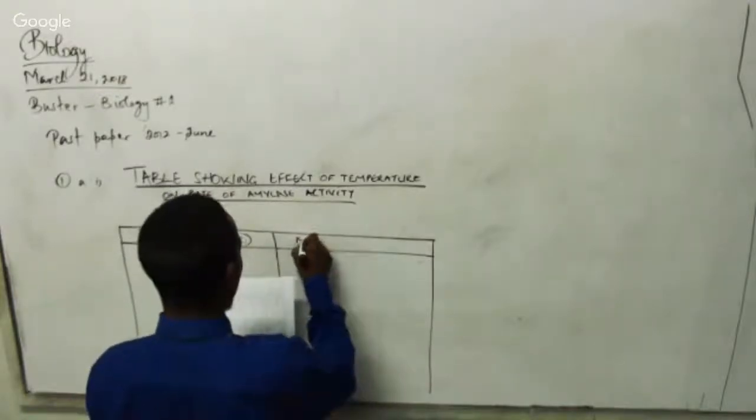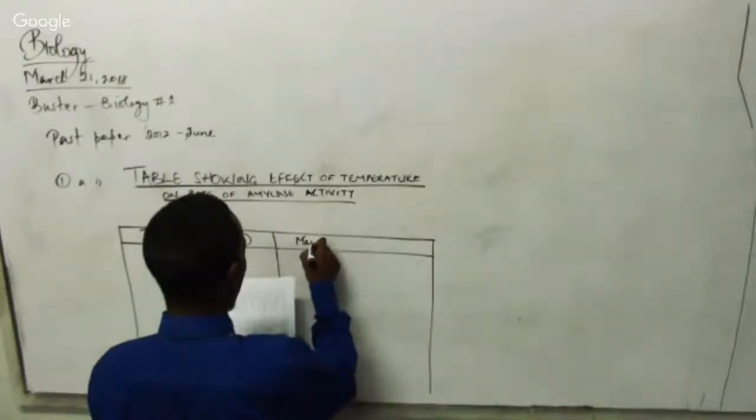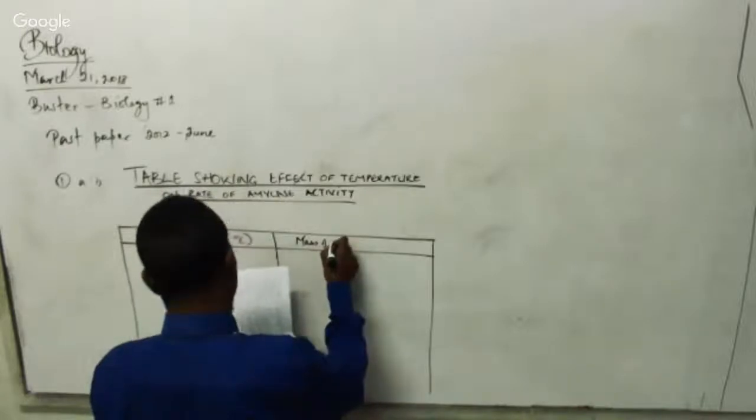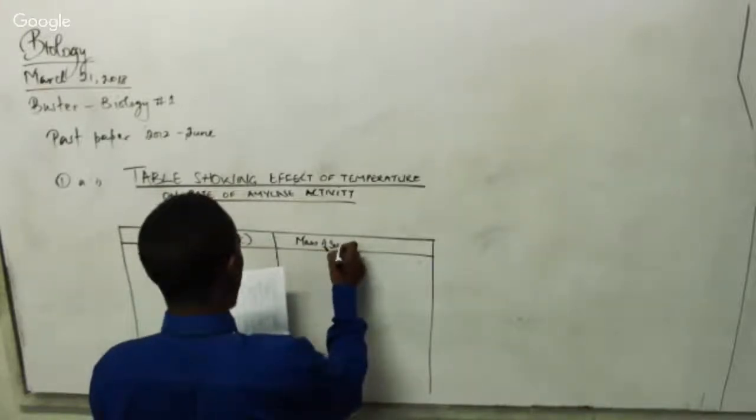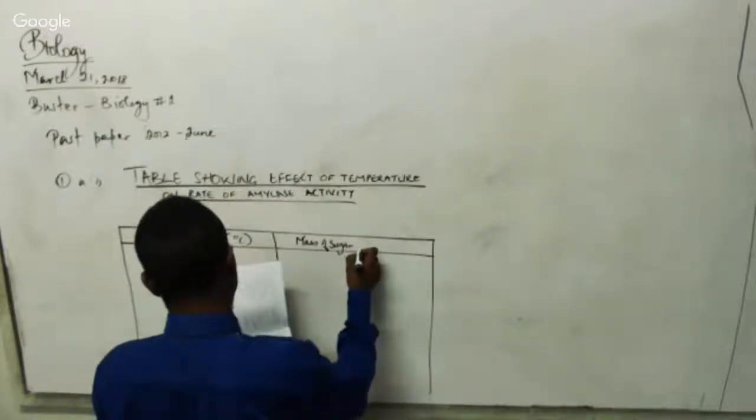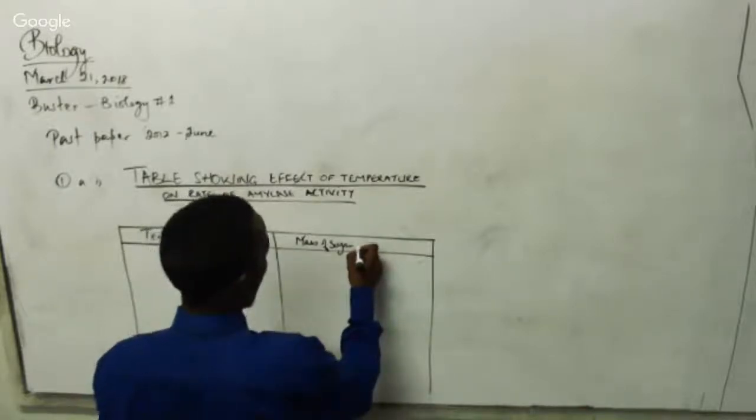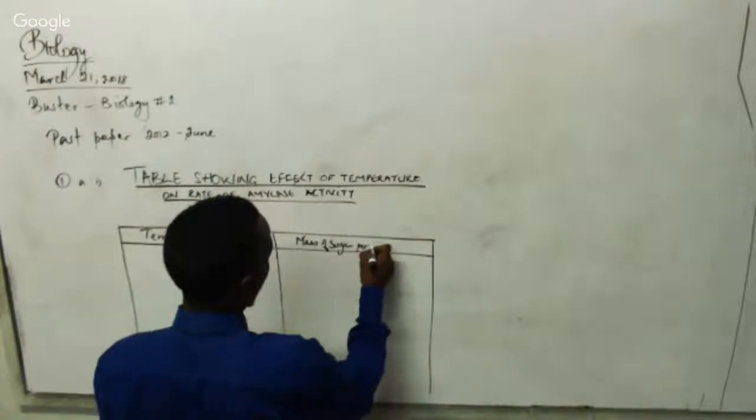And then you have mass of sugar per unit time.